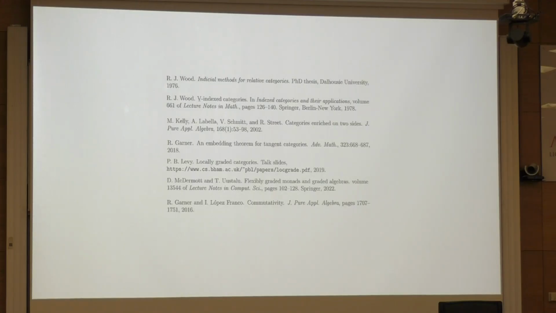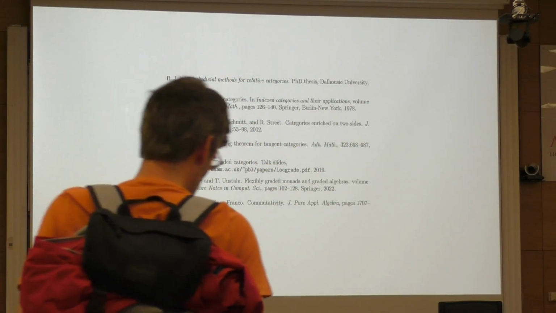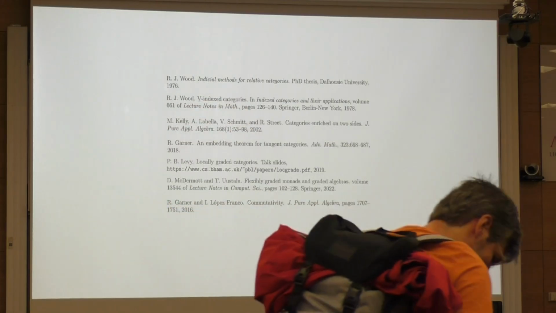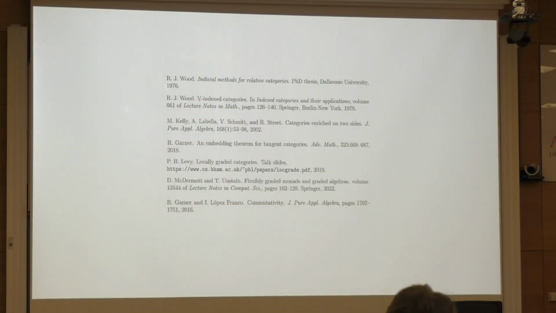But they have a theorem that allows that two-sided aspect for pro-categories to be reduced to a one-sided description, because you can kind of move one category over. But now, in that paper, they also introduced the concept of category enriched on two sides, of course, and your question pertains to that, and what the relationship might be to these V-W-bigraded categories. And regarding that, I don't know the answer to that question, but certainly this seems like an interesting line of investigation to potentially form connections between these and even categories enriched on two sides.